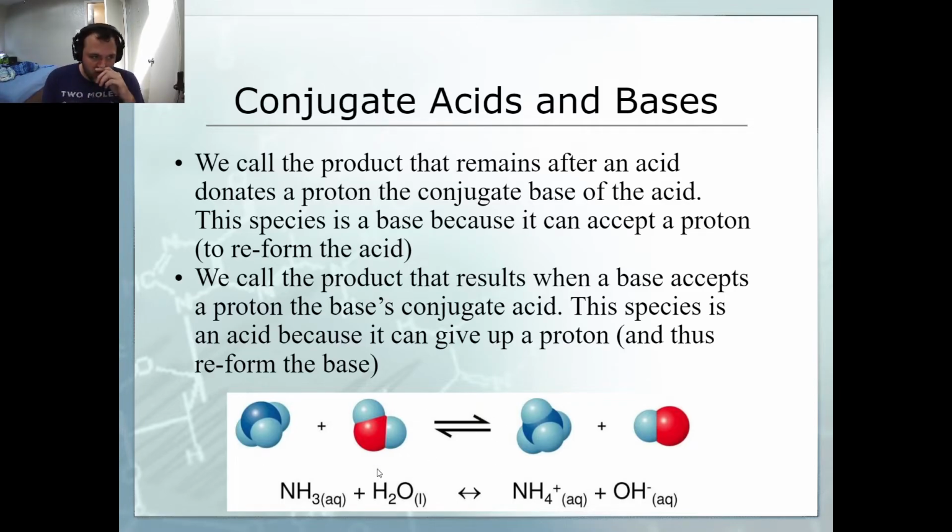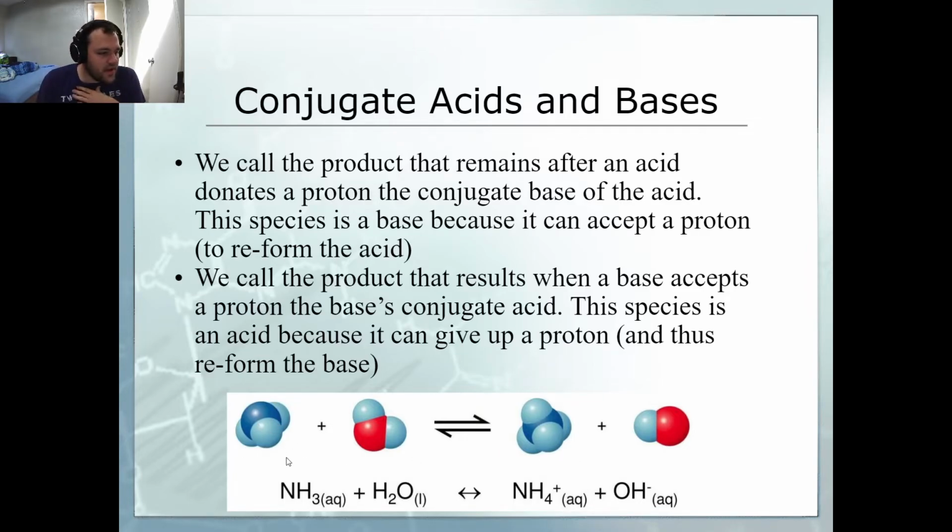Same thing the other way around. If you have a base that accepts a proton, so it gains that extra proton, it is now a conjugate acid, because if the reaction went the other direction, it would be donating that proton to go back to being the base. That's a little bit confusing, but hopefully this example down here will make it make a little more sense.